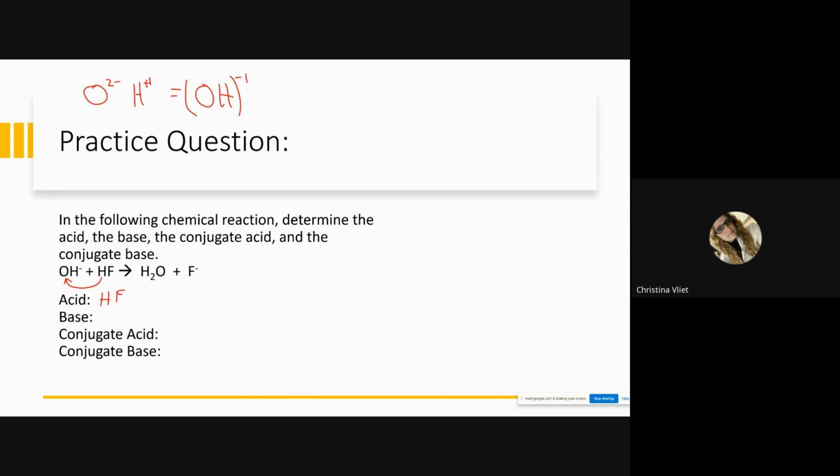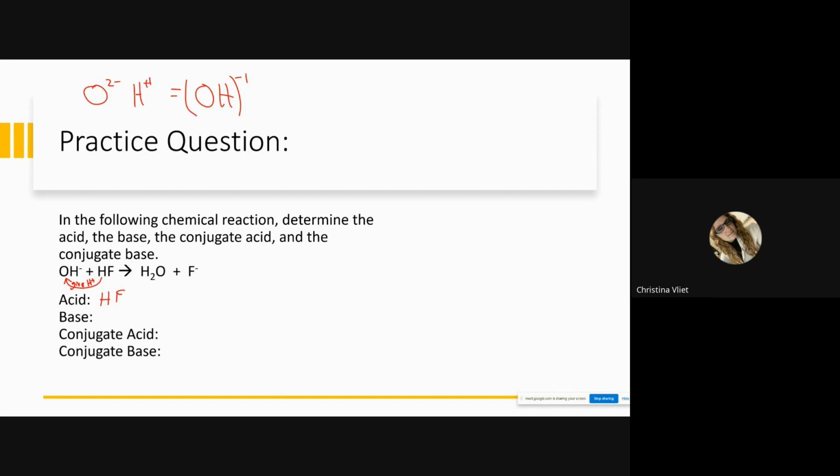But this is the idea. HF is giving H plus to OH minus. So it's giving H plus from the HF to the OH minus. You have to see what's happening. HF is becoming F minus. That means that HF had to have given away an H plus, which means that HF is your acid. Does that make sense?